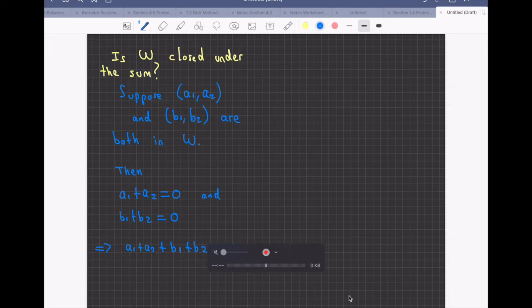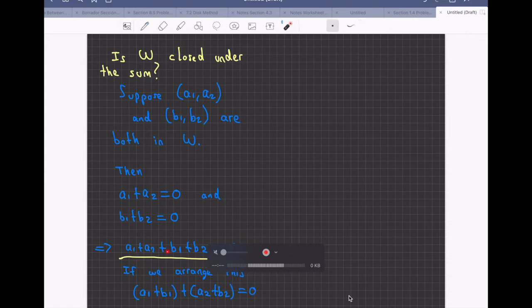But this is equal to what? Notice that if we arrange this, we have that A1 plus B1 plus A2 plus B2 is equal to 0, right?